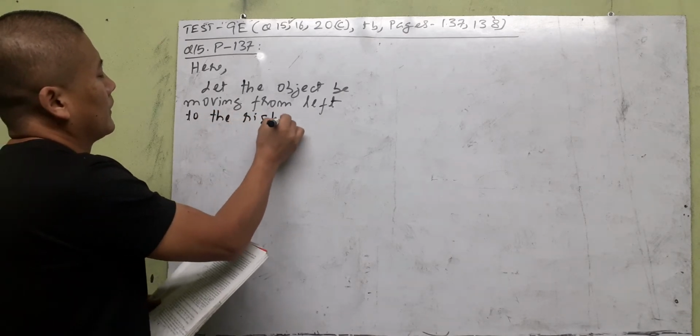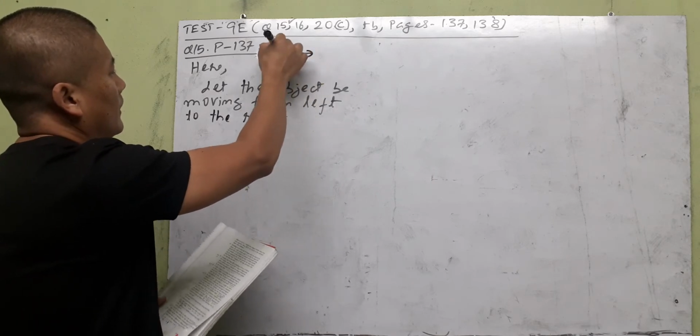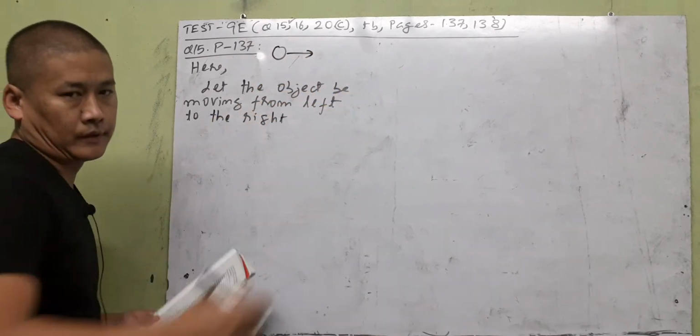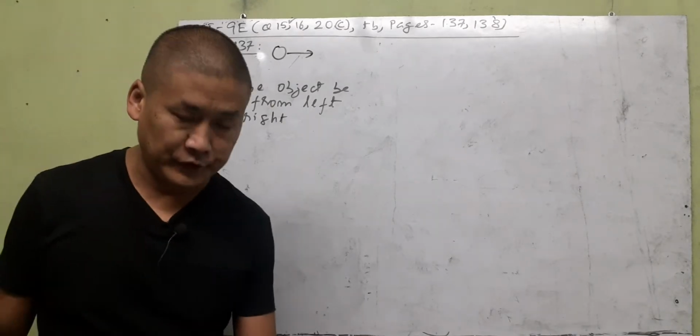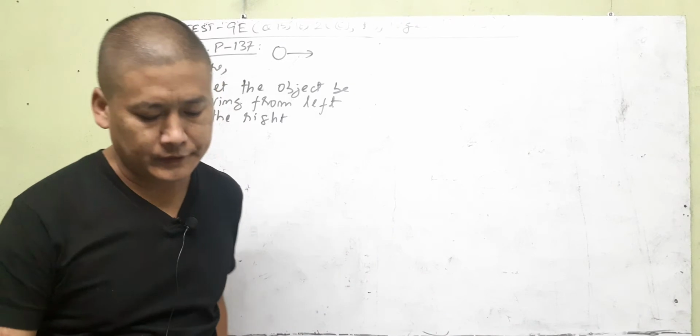So if we were to give a picture, this object is moving from left side to the right side. We are assuming this way while writing the final answer. It helps to understand. That's why I'm just writing.